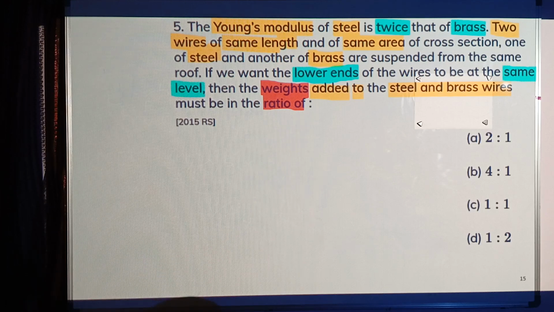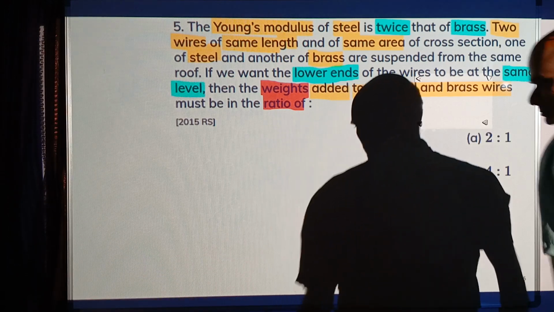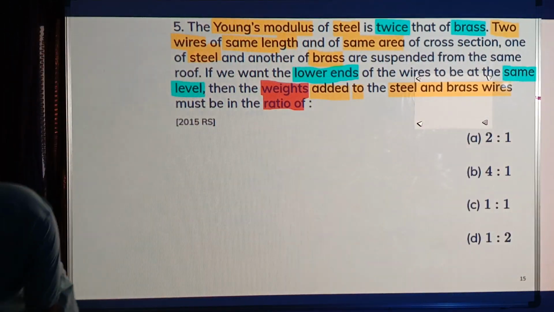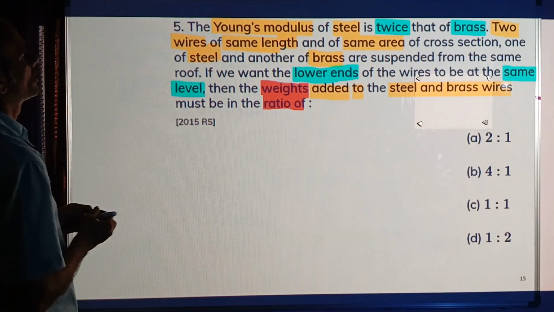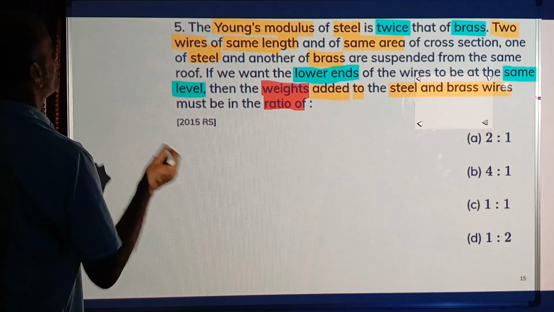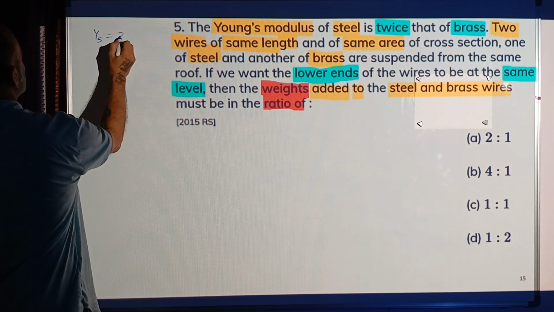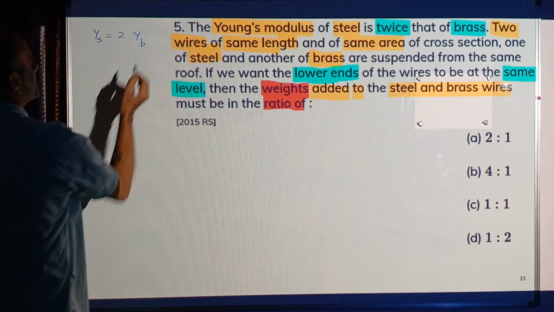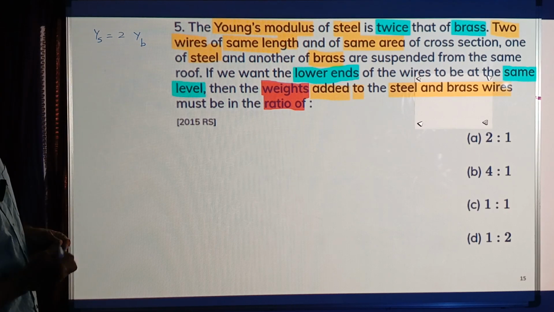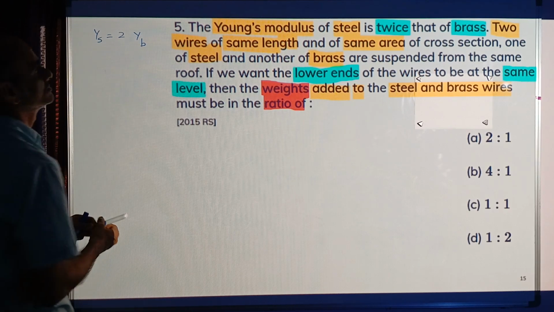You can pause and run this question. So Young's modulus of steel is twice Young's modulus of brass. So both the wires are of same length and same area.